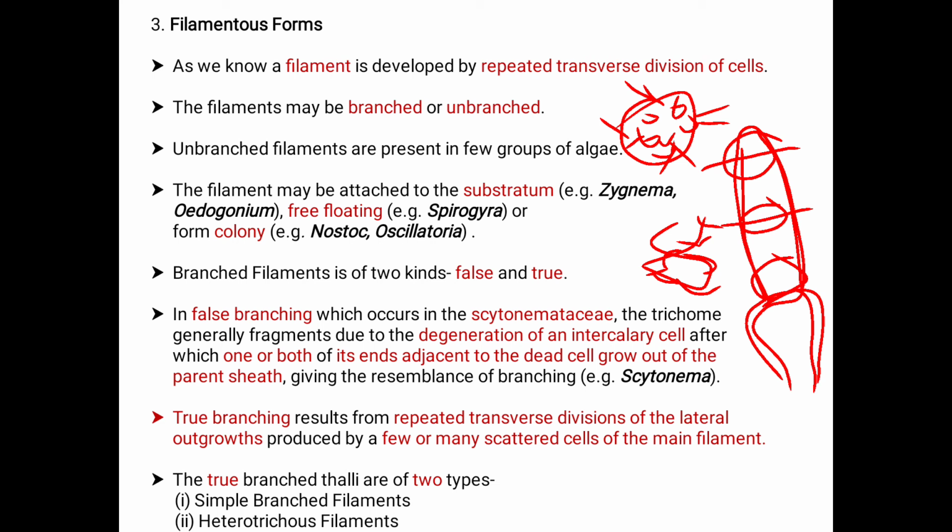True branching results from repeated transverse division of the lateral outgrowths produced by a few or many scattered cells of the main filament. This is the difference between false branching and true branching. Under true branching, again we have two types, that is the simple branched filaments and the heterotrichous filaments.